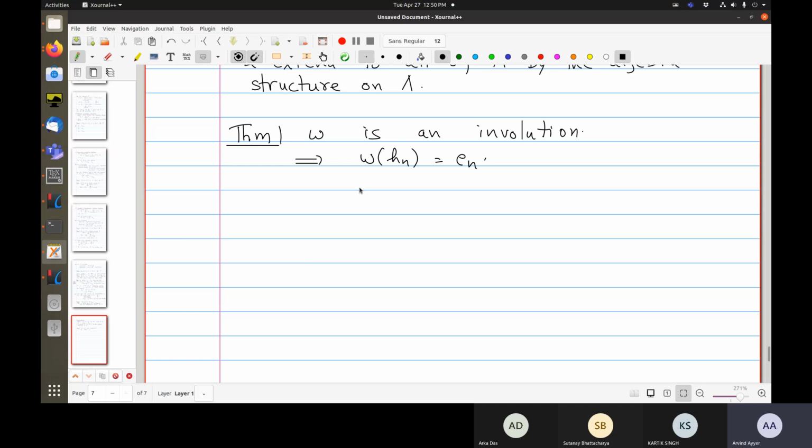So how does omega act on the p lambdas? I need another bit of notation. For lambda in frequency notation again, 1 power n1, 2 power n2, and so on, let epsilon lambda be -1 to the n2 plus n4 plus etc. So it's really the sign of the permutation, or maybe not quite.